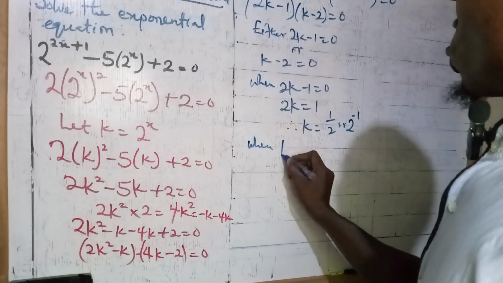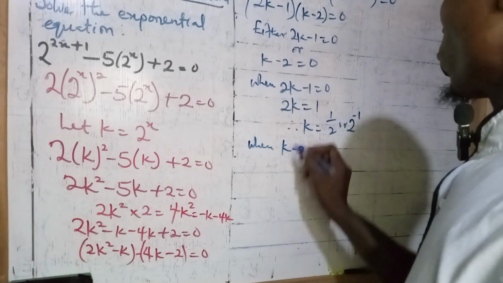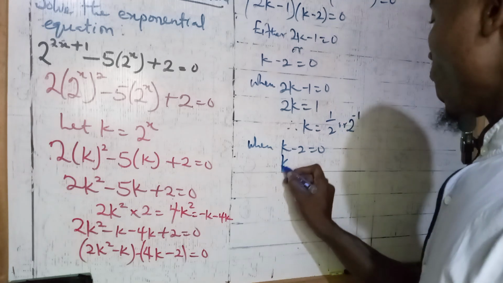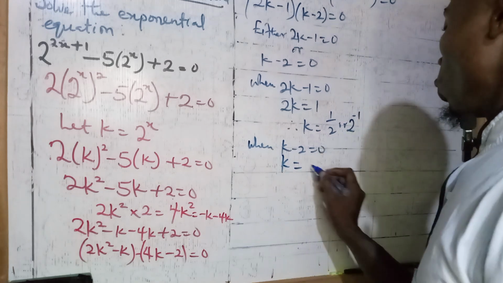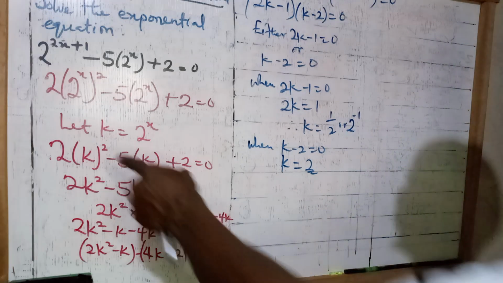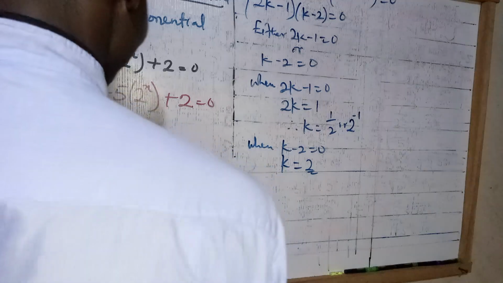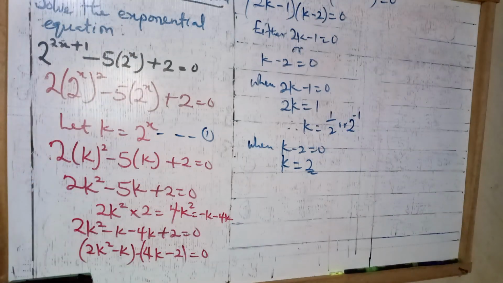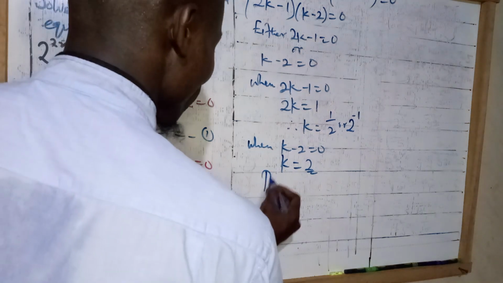Then when k minus 2 equals 0, we can of course see here that k equals 2. So we will now recall from equation 1 where we have let k equal 2 raised to the power x.